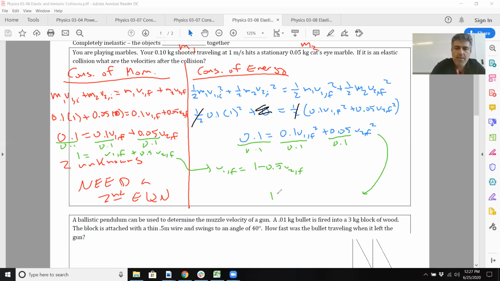So now it becomes 1 equals v1f squared. Remember, 0.05 over 0.1 is 0.5. 0.5 v2f squared.